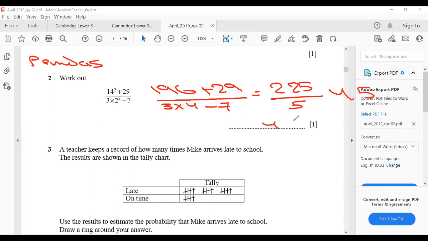So the final answer, it will be 45. Okay. Do you understand this part? Yes. Okay. Now, after we finish this part, we will go to the question number 3.